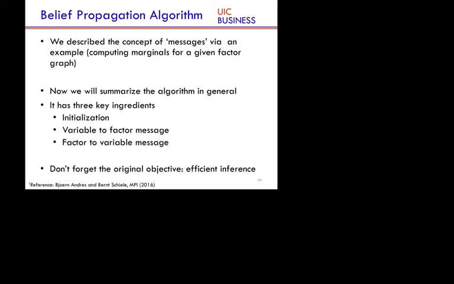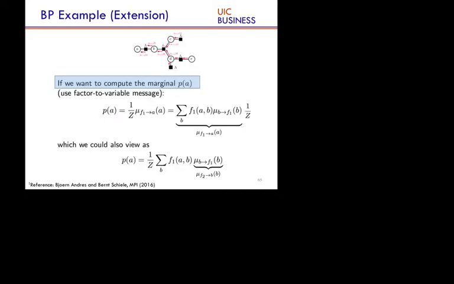So we'll start from somewhere. These messages have to start from somewhere. For example, what is the message being received by this last node? Maybe there's a message being received from D, but what is the message being sent from this factor node, F5, to D? It's not clear.